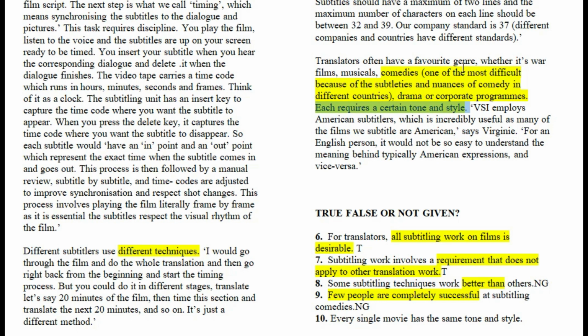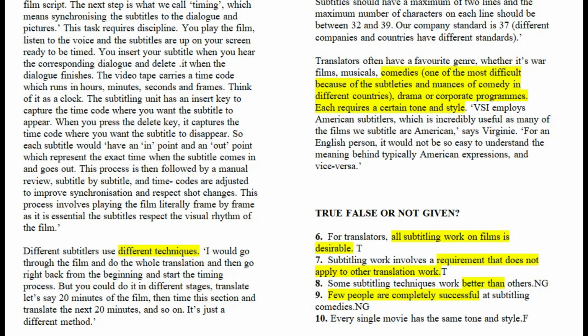It tells about different types of movies, war films, musicals, comedies, drama, and so on. And each requires a certain tone and style. So, every single movie has the same tone and style? No, they don't. They have a certain tone and style. That's why this answer is opposite to the information given in the passage. So this one is false.